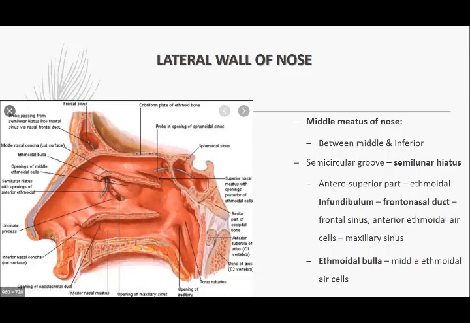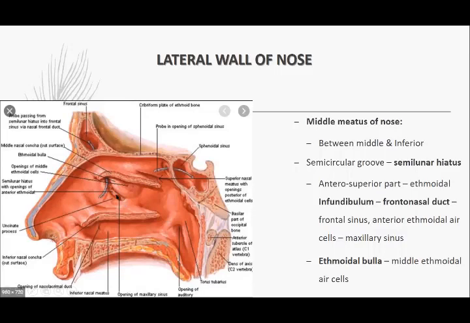Okay, now in this meatus please note that this is a semilunar or moon shaped groove. This groove is called the hiatus semilunaris or semilunar groove. Lunar is moon. So half a moon, a full moon would extend up to here, it is half a moon, semilunar hiatus.